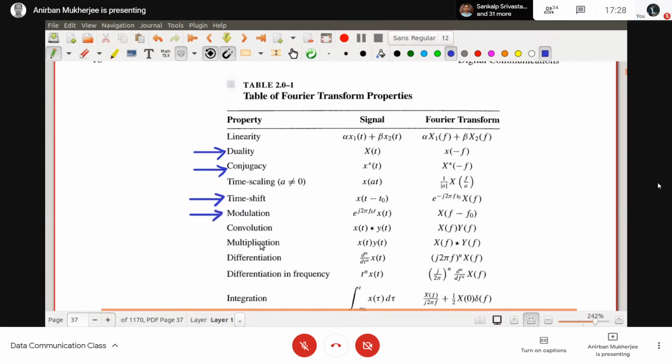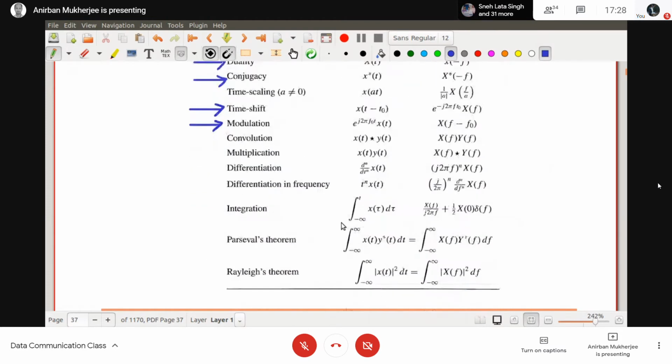Already you have studied a lot. Then Parseval's theorem and Rayleigh's theorem. Rayleigh's theorem is basically a special case of Parseval's theorem.